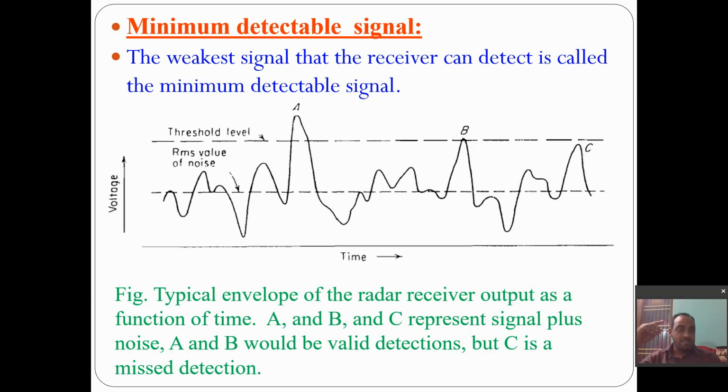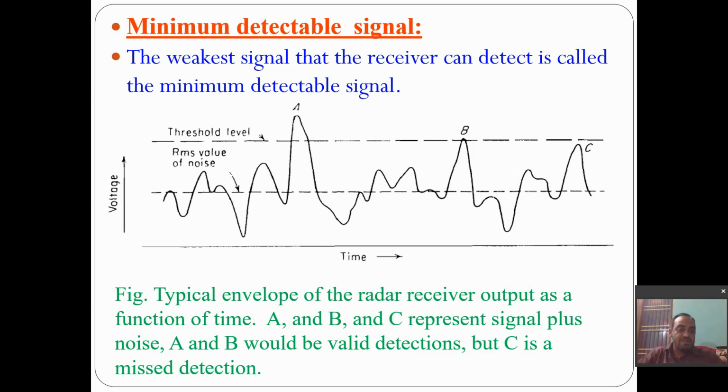Because you have designed your radar for a 1 kilometer range, only if the target is at the 1 kilometer point can you say R is at its maximum, R max. The echo received from the highest point, the R max point, is called the minimum detectable signal, because from that maximum distance the signal received will be very weak.